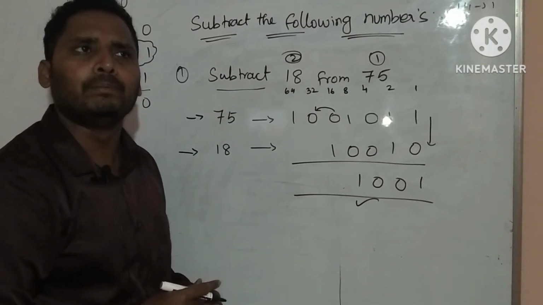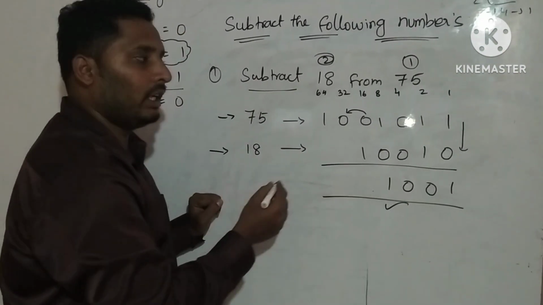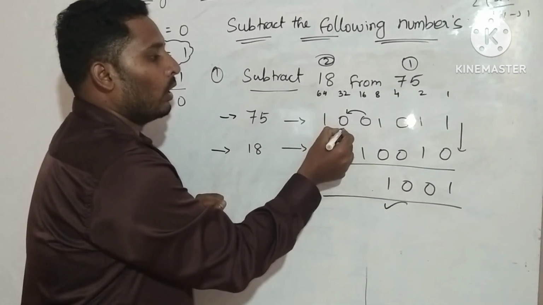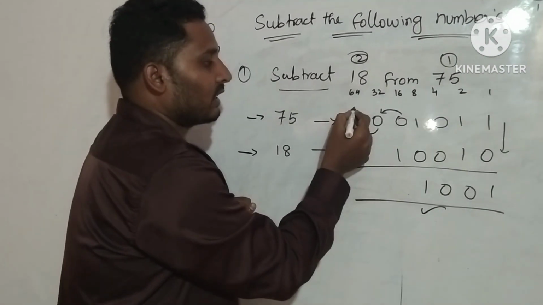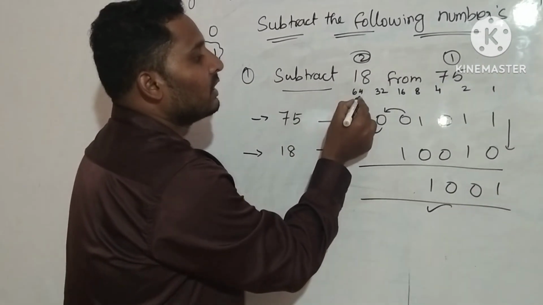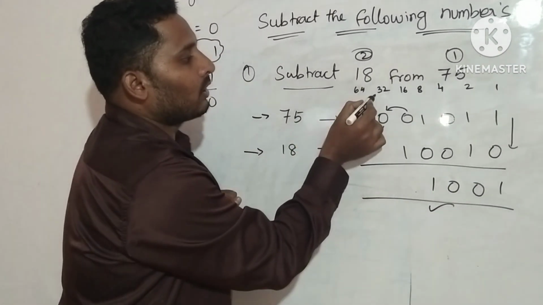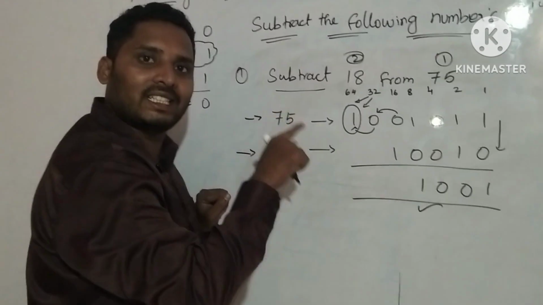But unfortunately the next digit also is a 0, so we are going to borrow one more time from this digit. So here we have successfully one value, right? This value 64 is there. So 2 to the power 6 is called 64.